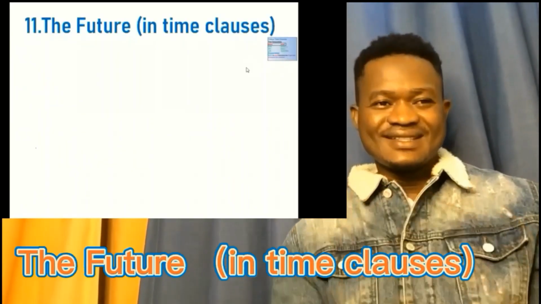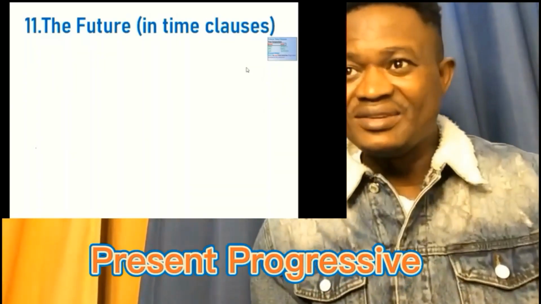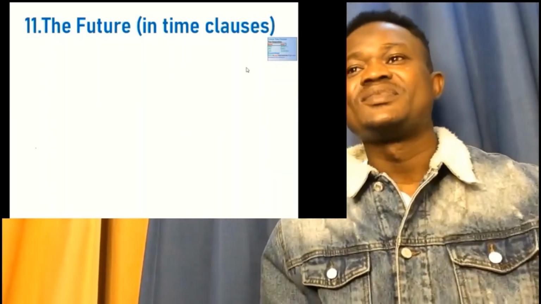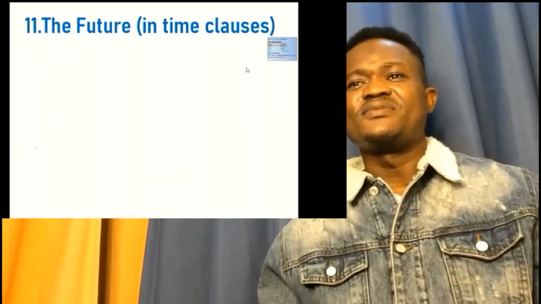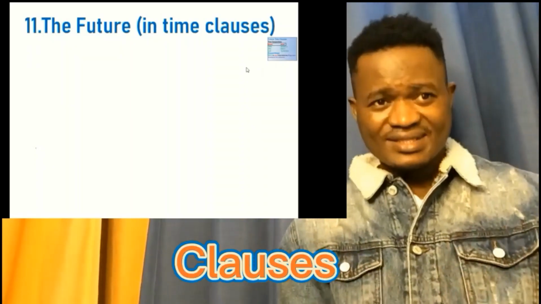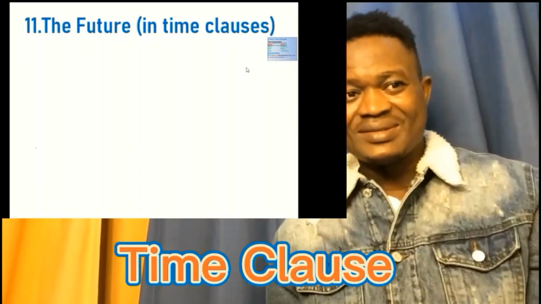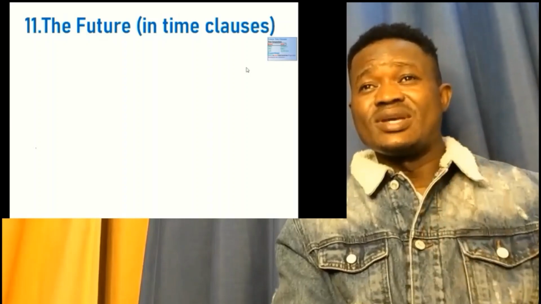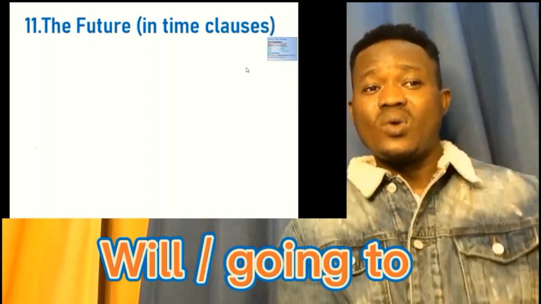Future in time clauses. We also use the present progressive in the future, in time clauses. The first thing we have to think about is clauses. We have the main clause and the time clause. The main clause always goes with the simple future, will or going to.